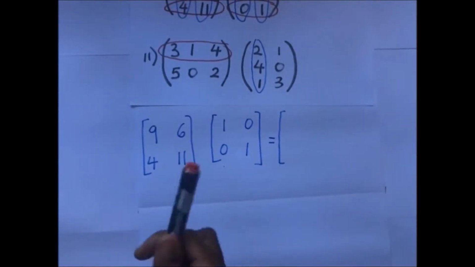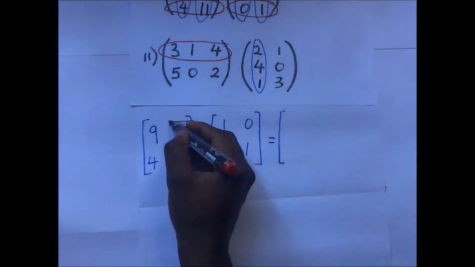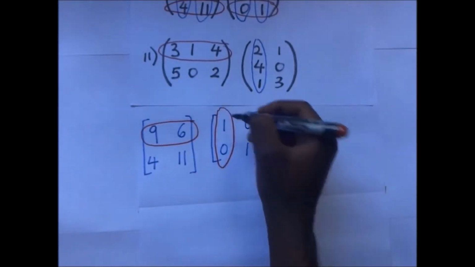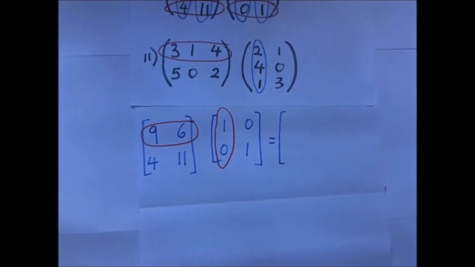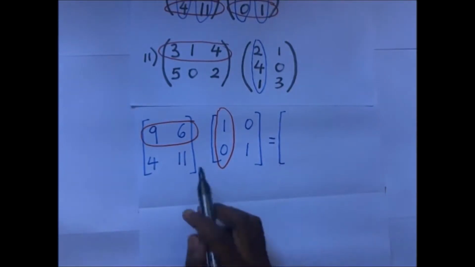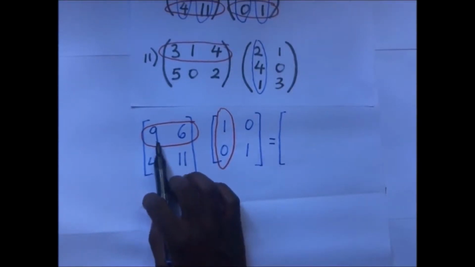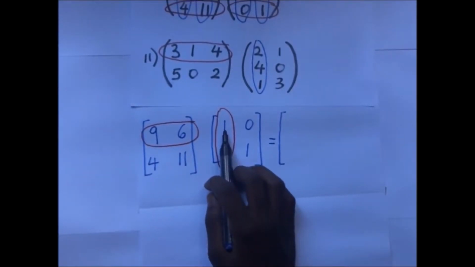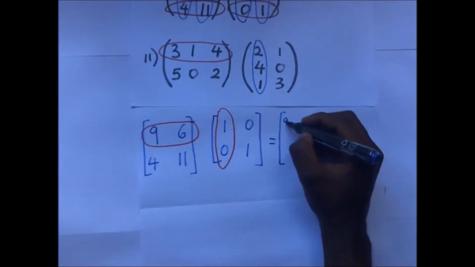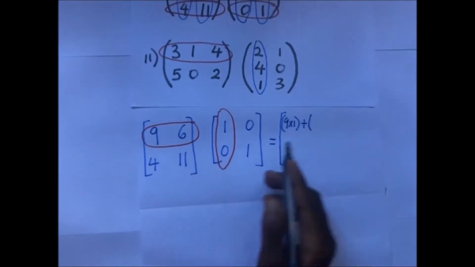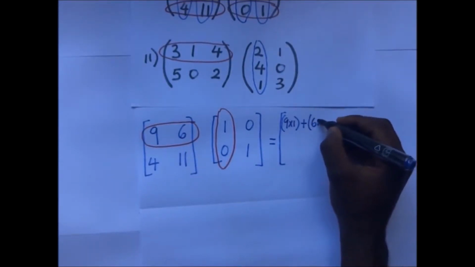We take this row first and multiply it by that column. At first, it is 9 times 1, the first element in the row multiplied by the first element in the column of the next matrix, plus 6 times 0.